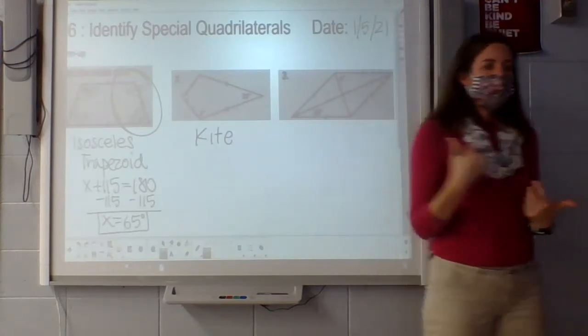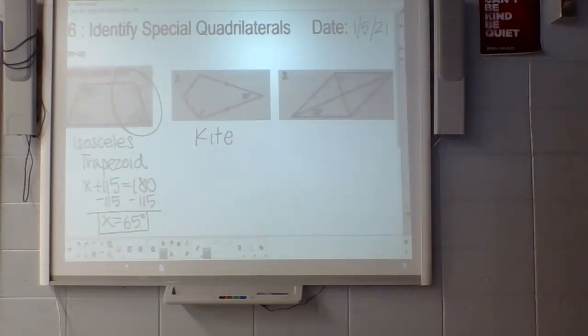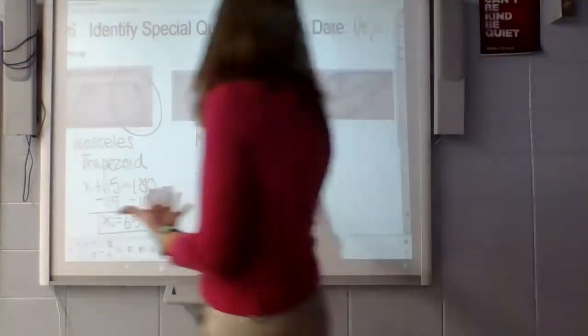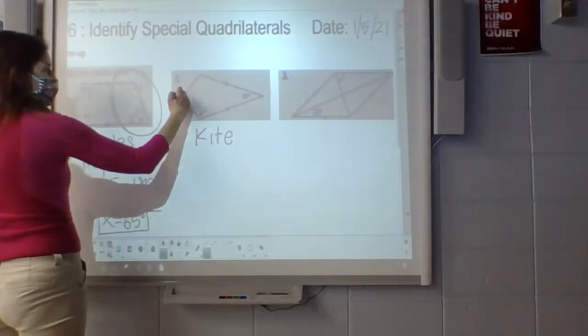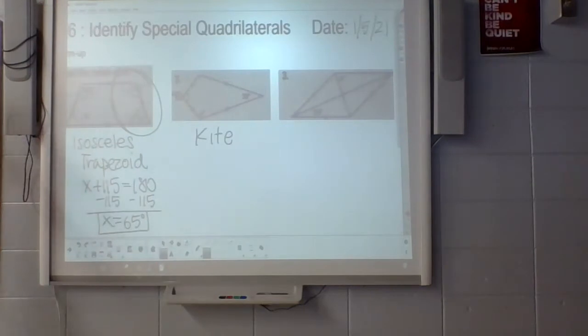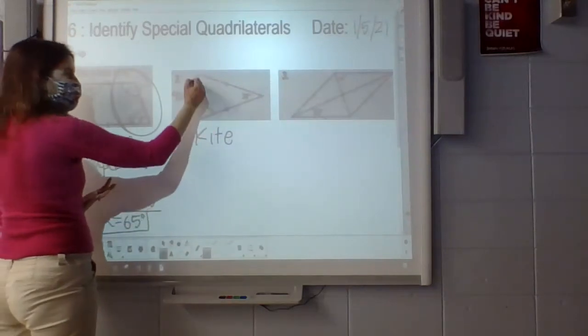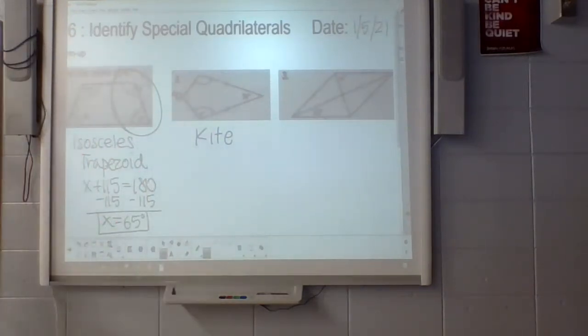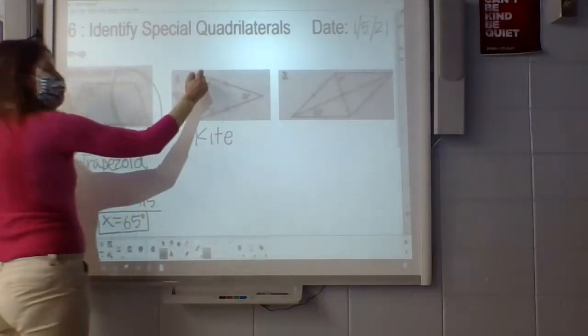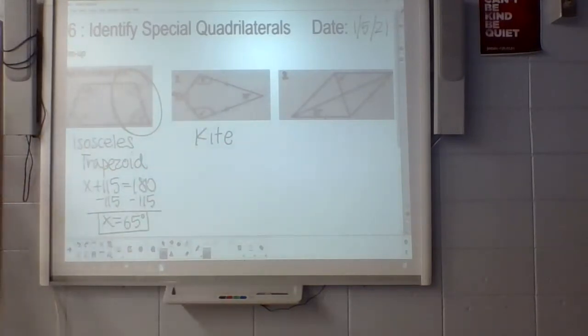Now, in a kite, one of the big things has to do with the angles. So they give us that this one's 90. What do I know about the other two? They're equal. In a kite, there's always one set of equal angles, and so those two angles have to be the same. Now this time, I would suggest working through it the way we know it adds up to 360.